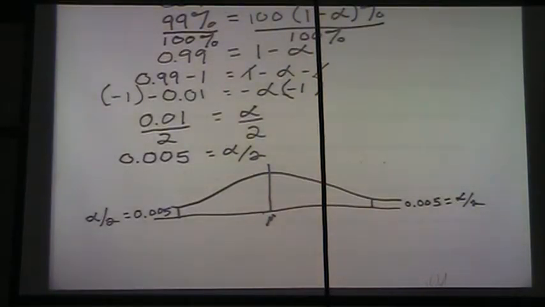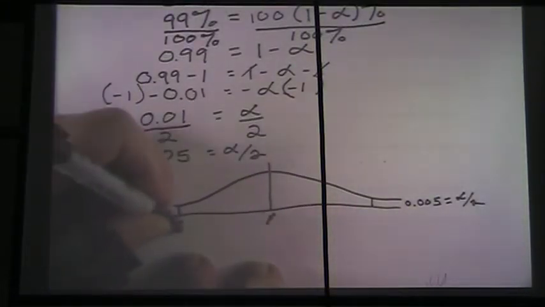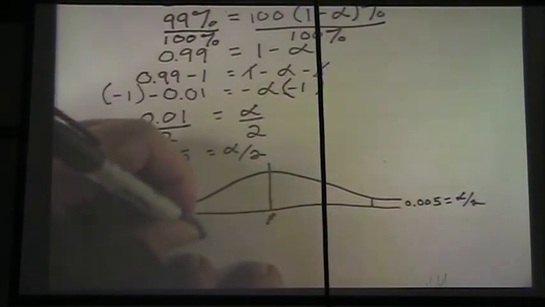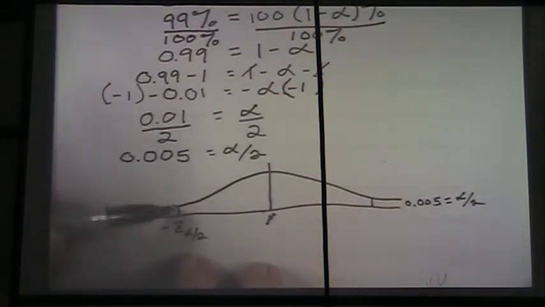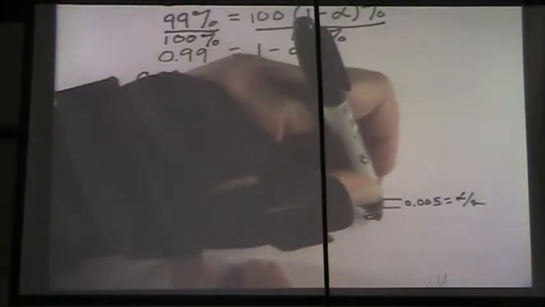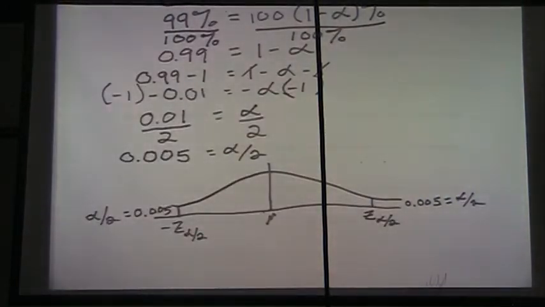All right, so that's not too bad. Now, what we're going to look for is our negative z alpha divided by 2, which is right where this line is in our schema. And of course, on the other side, we have z alpha divided by 2. But if I were going to look at that, I'd have to do 1 minus 0.005. I would only do that if I have one of those silly one-sided z tables.